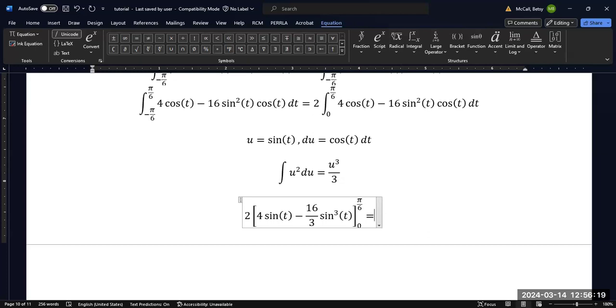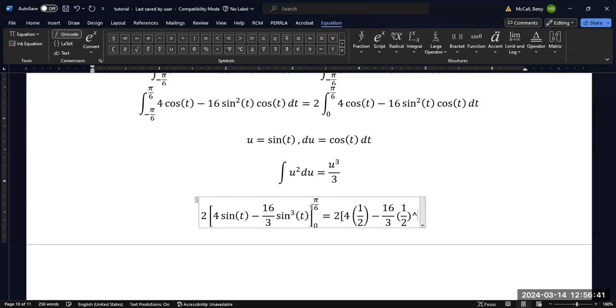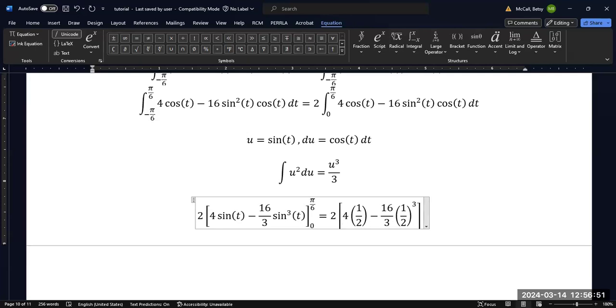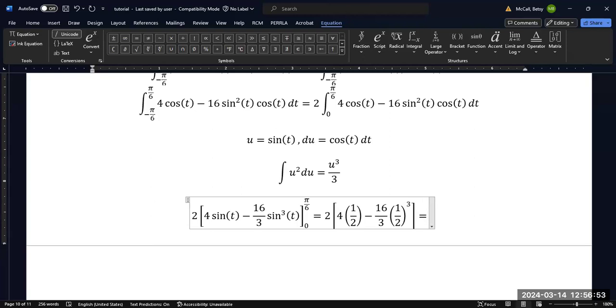Now, if we plug in sine of pi divided by 6, we're going to get 1/2. So this is going to become 4 times a half minus 16 over 3 times 1/2 cubed. And then when you plug in 0, sine of 0 is 0, sine cubed of 0 is also 0. And so that's why we did the symmetry.